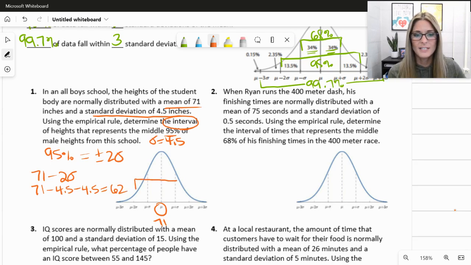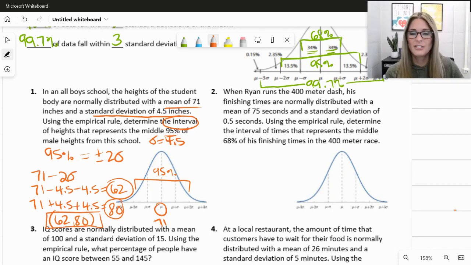So we're looking for this area here, 2 standard deviations away on each side to represent 95%. I know the lower side is 62. What if we add 2 standard deviations? Adding 2 standard deviations is going to add up to 80. So our interval that we were looking for, 62 to 80. Let's try a second one.